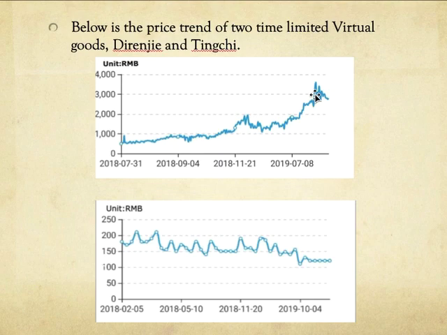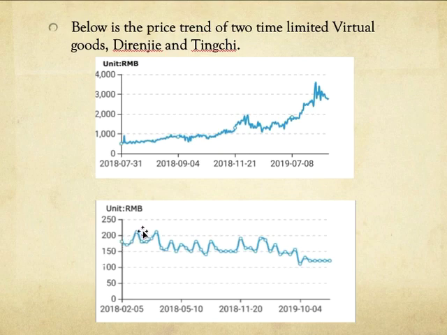So the players who hold the Direnjian can earn very much by selling it, since the original price is 800 and they can sell it for 3,200 now. And for Tingqi, it's not very lucky. The original price is 180.